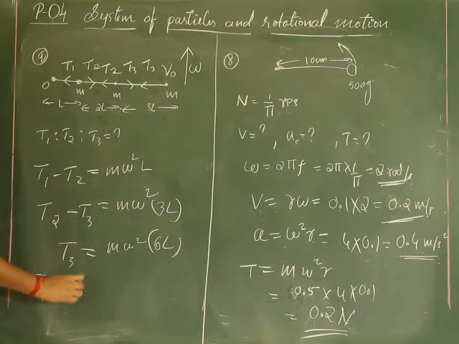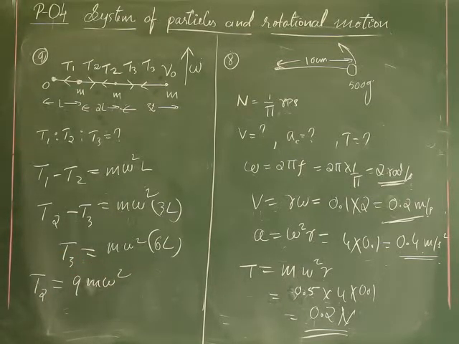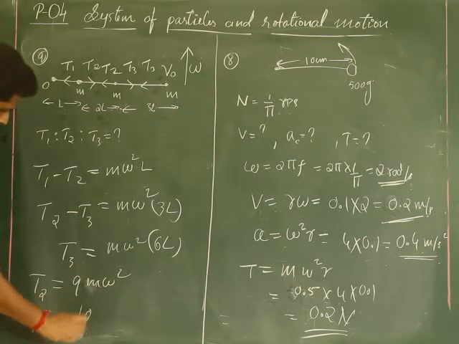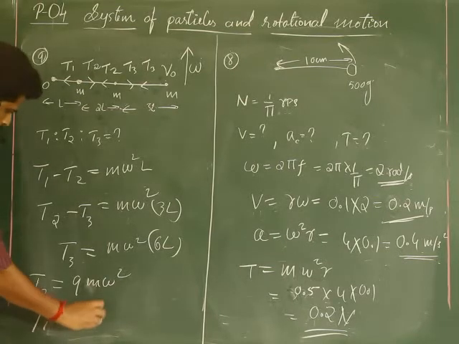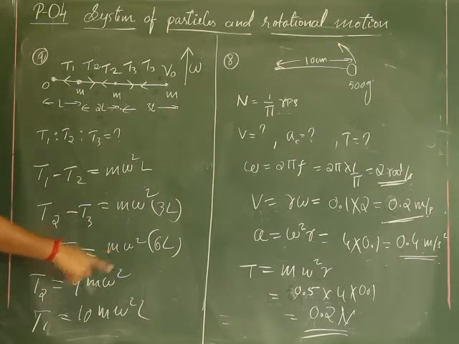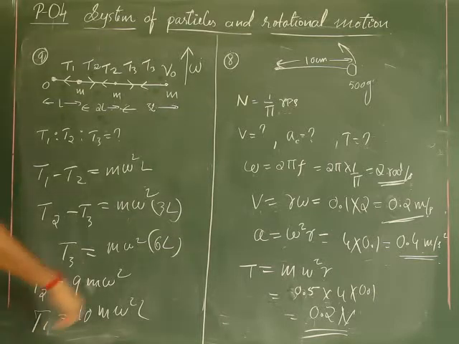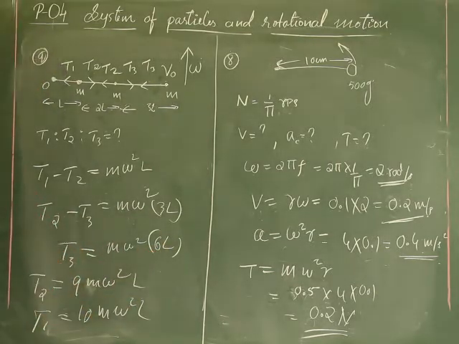So T2 you will get somewhere around 9 M omega square L, T1 you will get 10 M omega square L, and T3, of course, how much is that? 6 M omega square L. Already it is there, so for T2 you just substitute. So T3 we know, T2 we know, T1 we know.